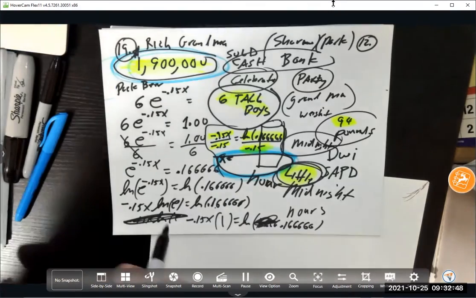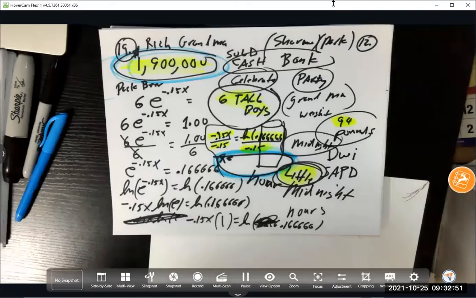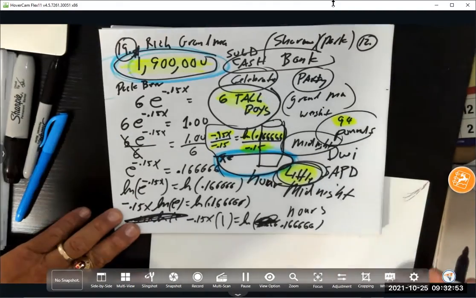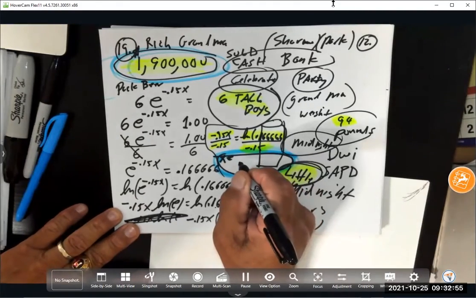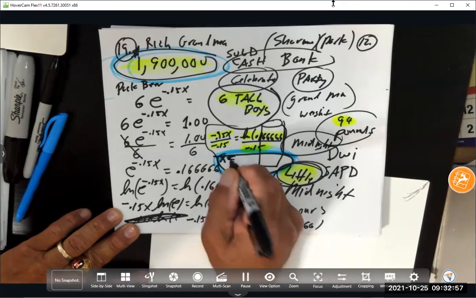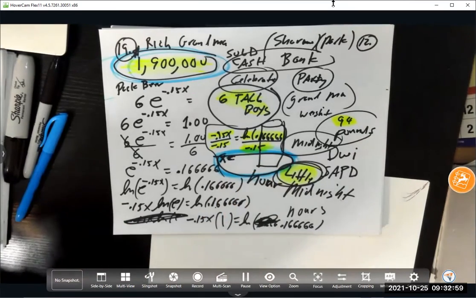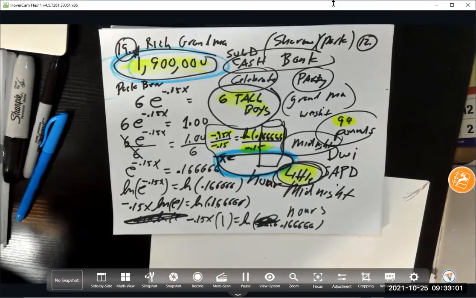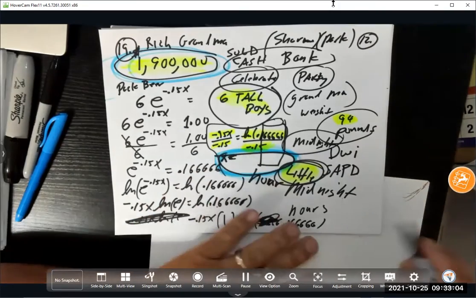How many hours is grandma going to have to sleep or rest or stay at the house before she can go anywhere on the streets? What is it? I'm waiting. Somebody tell me. Use your calculator skills.